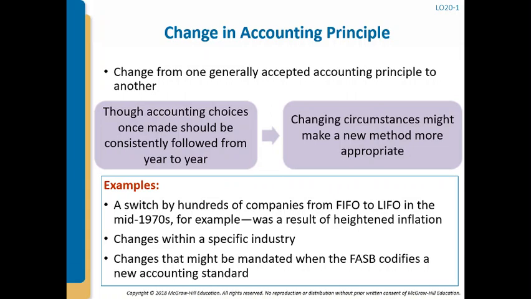When prices are rising quickly, that's going to make your cost of goods sold higher. And so that's what they did. They just changed from FIFO to LIFO. Sometimes FASB makes changes in principles for specific industries. And then, of course, like I said, sometimes FASB codifies a new accounting standard for all the accounting world.